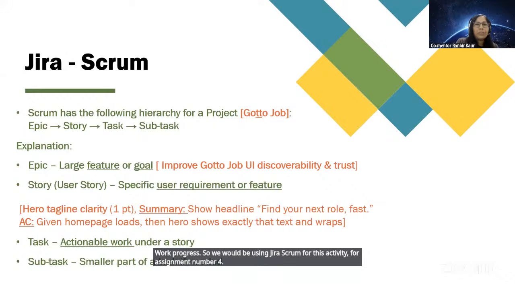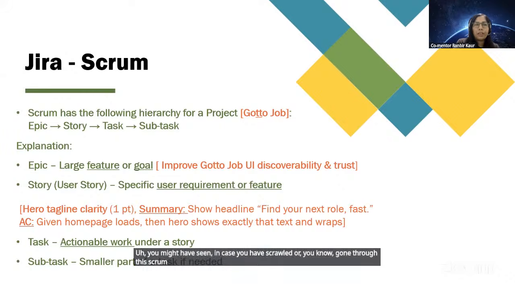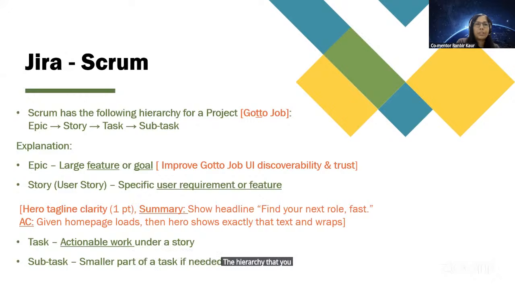You might have seen, in case you have scrolled or gone through this Scrum, there is a hierarchy that you have to follow for this assignment. First one is epic and then story. And story has some tasks, and tasks are further described into subtasks.